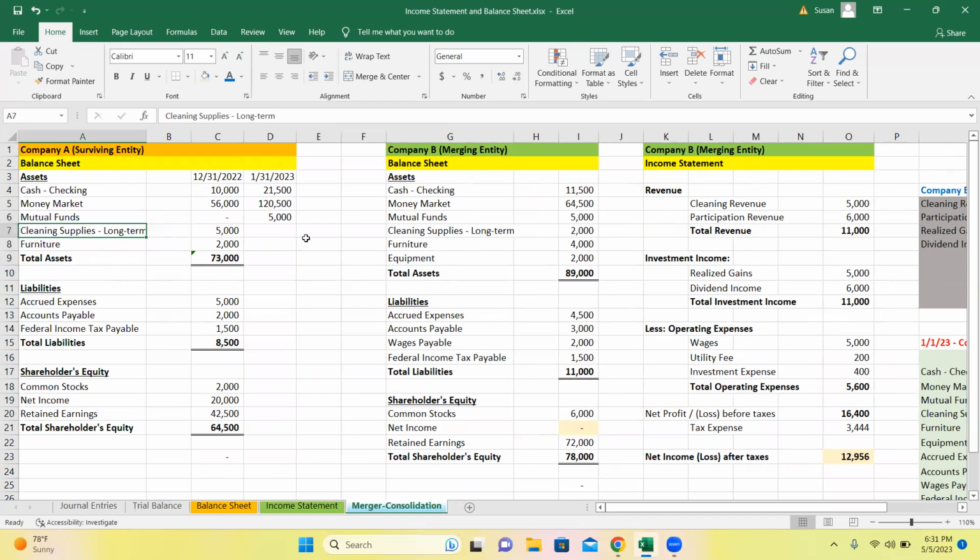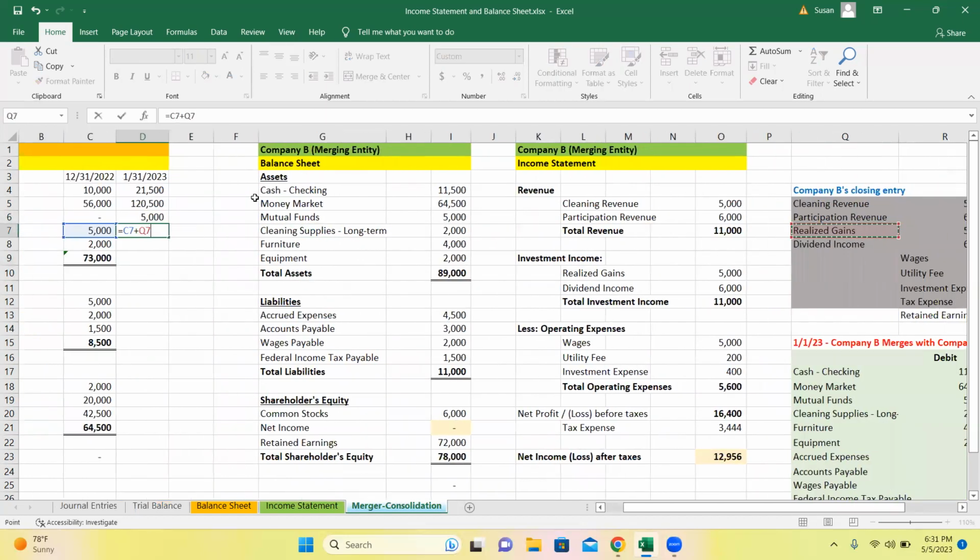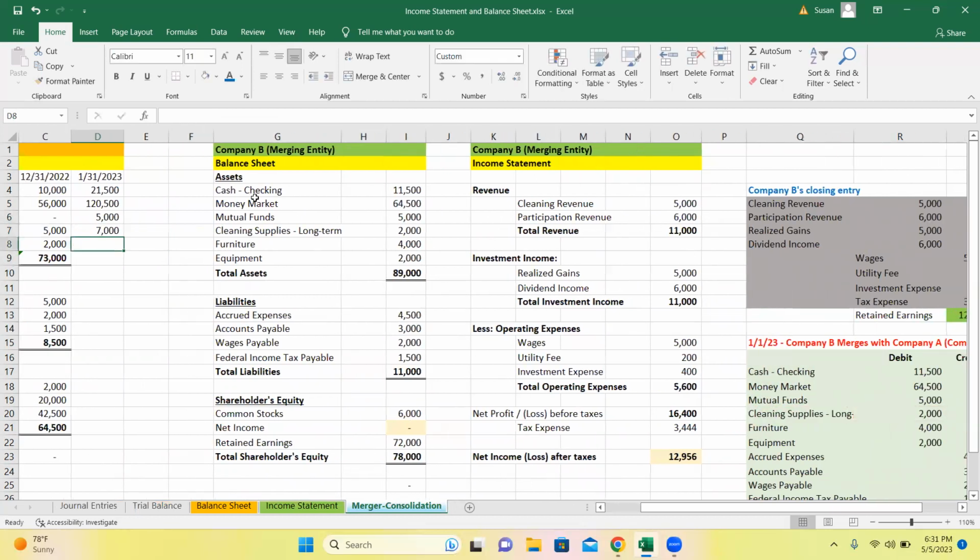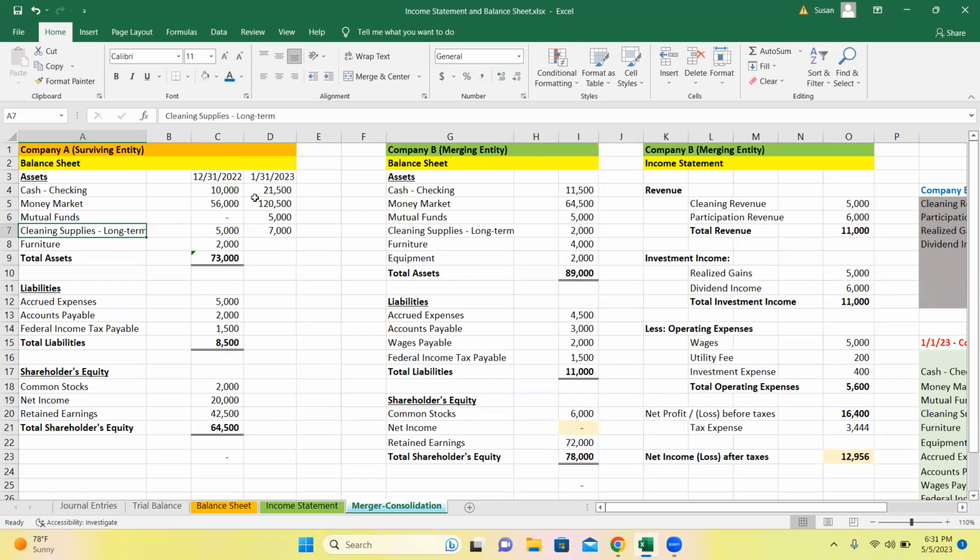And then we also have the cleaning supplies. And there's also furniture.